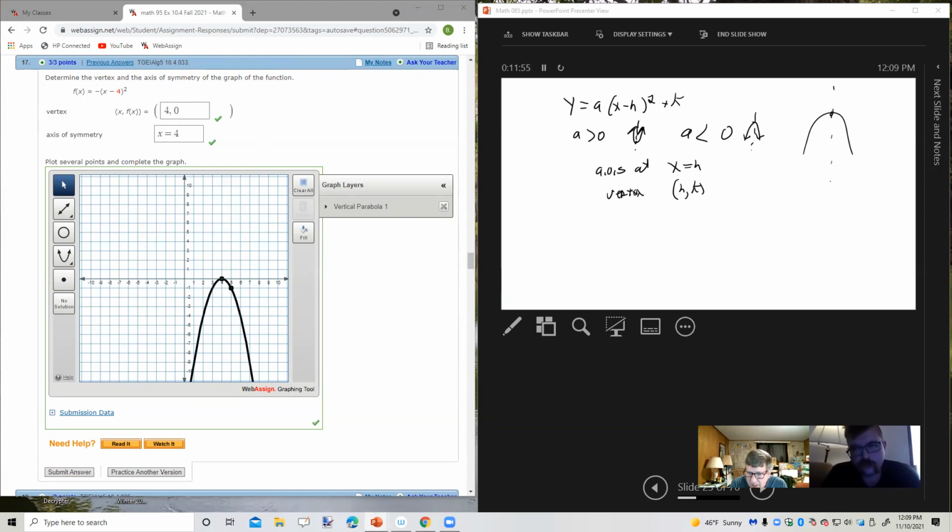Friday, I'll be back again at 11:30, and I'm going to take a look at the second half of section 10.4. What's going to happen is we're going to look at equations that are in this form, and we'll use different formulas to arrive at the same information, okay?